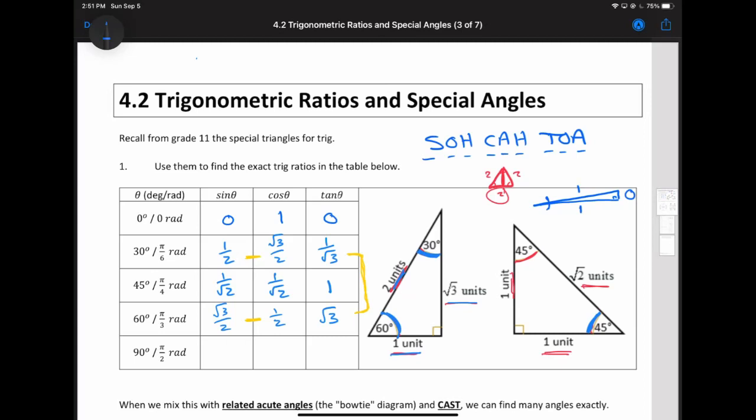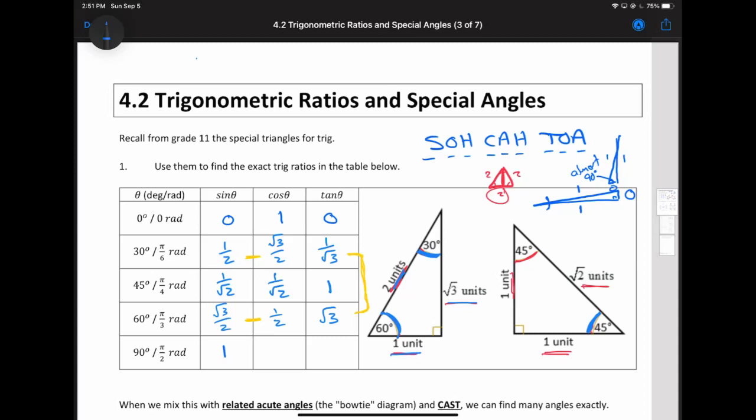Now if we use that same logic for a triangle that's almost 90 degrees, so this angle down here is almost 90, and we label the three sides as 1, 1, 0, then the sine, the opposite over the hypotenuse, is essentially 1.